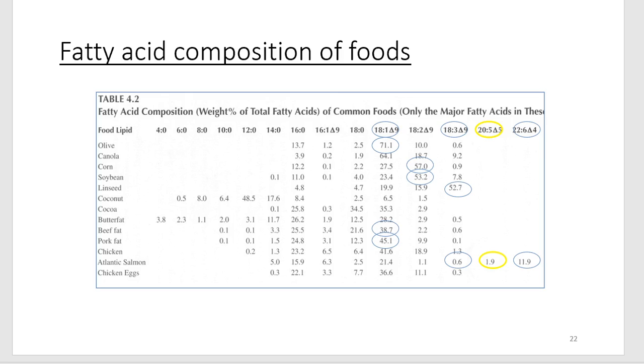Corn and soybean oils are high in linoleic acid, 18 carbons, 2 double bonds. And linseed is high in linolenic acid, 18 carbons, 3 double bonds. On the other hand, animal lipids contain higher levels of saturated fatty acids, with palmitic acid and stearic acid being the major fatty acids.